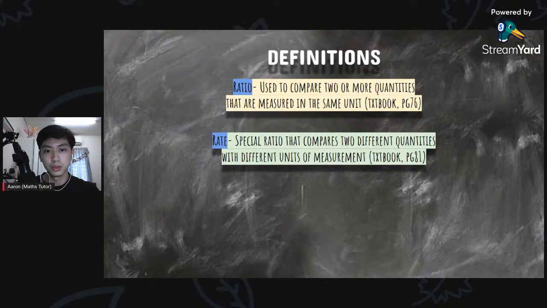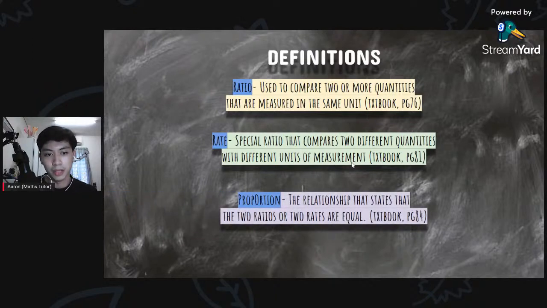Speed is equal to distance divided by time. The unit of distance is meter and the unit of time is second. As you divide meter by second, you get the rate, the rate of the distance, which is the speed. So this is called the rate, comparing different quantities with different units.